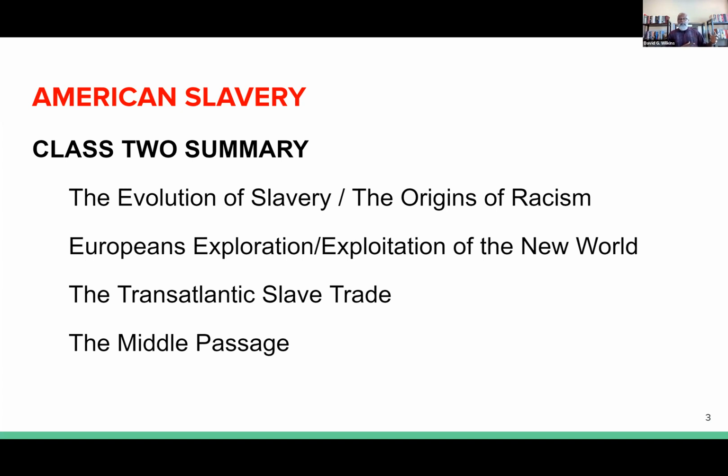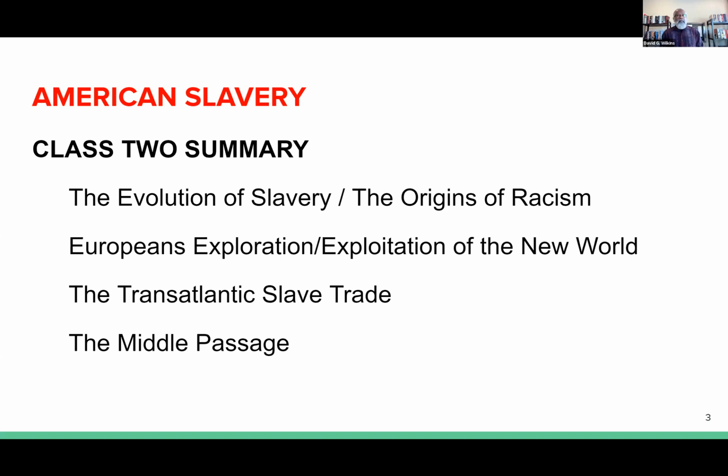We made the point that most of the Africans who were brought from Africa would end up in South America, Brazil primarily. And then the next largest number would be sold and enslaved in the Caribbean, and only about 500,000 would make their way to what is today the United States.